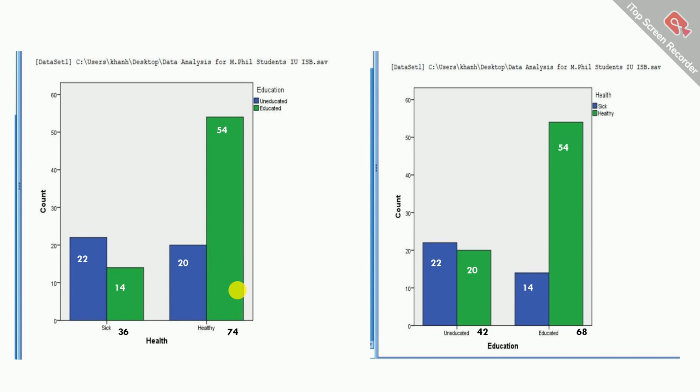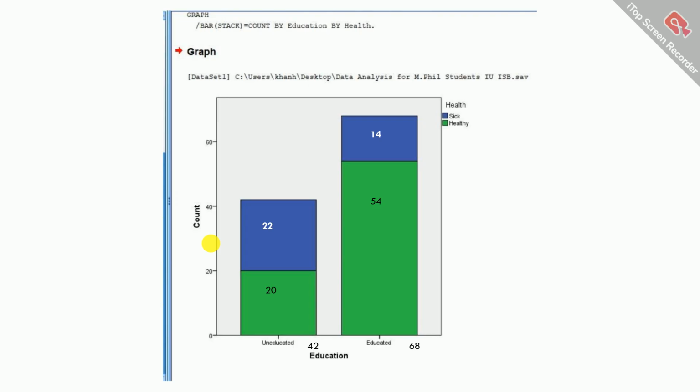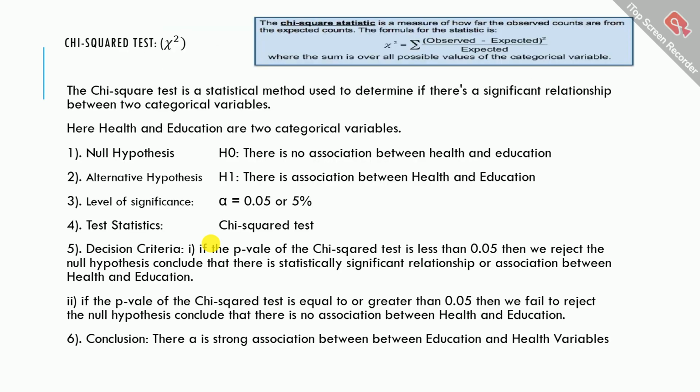Then this is the cluster bar chart for health and education, and this is also the same, but in this cluster chart we have health horizontally, and here we have education horizontally, and vertically we have the frequency. This is the stack bar that I just explained for you.